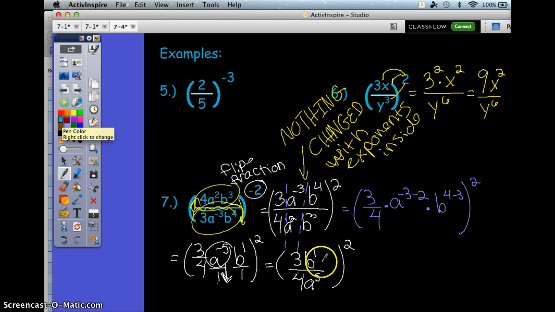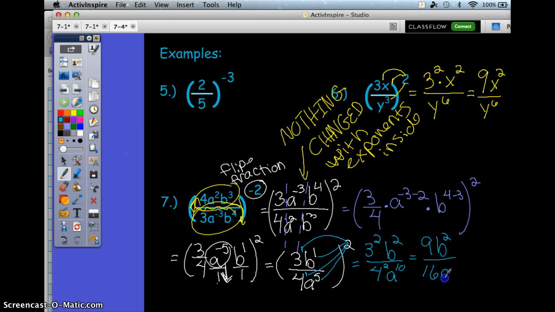So now we can distribute our 2. Remember, 3 has an exponent of 1 and 4 has an exponent of 1, so we have to distribute it to 1, 2, 3, 4 different spots. So I'm going to get 3 squared times b squared over 4 squared times a to the 2 times 5 is 10. And simplify further, 9b squared over 16a to the 10. There's a variety of ways that you could have done this. This is just one simple way.